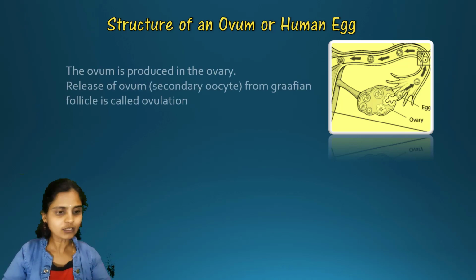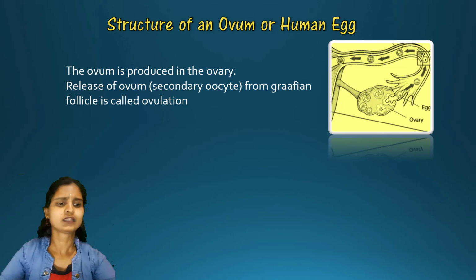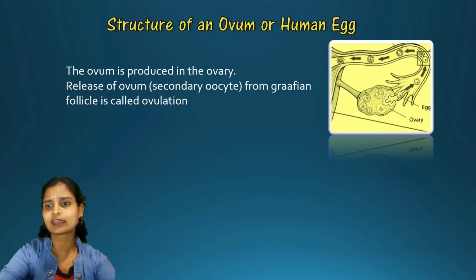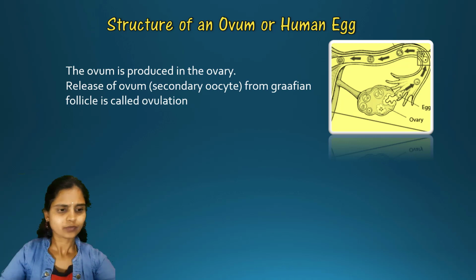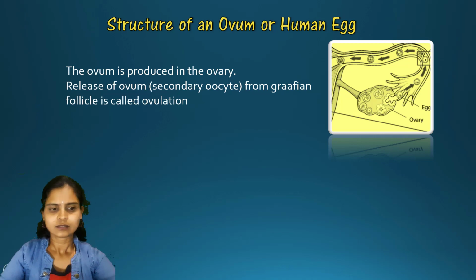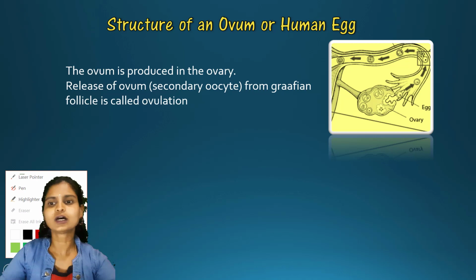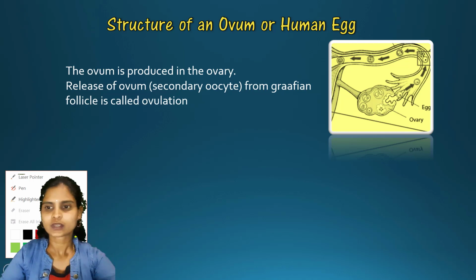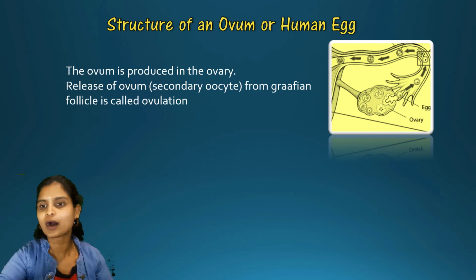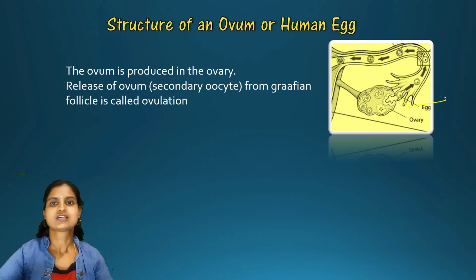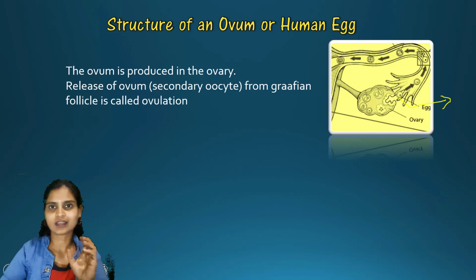Here we can find the egg released from the ovary, and the release of the egg from the ovary into the fallopian tube is called ovulation. Now we are going to discuss how the egg is structured.